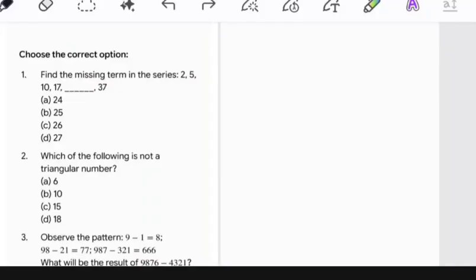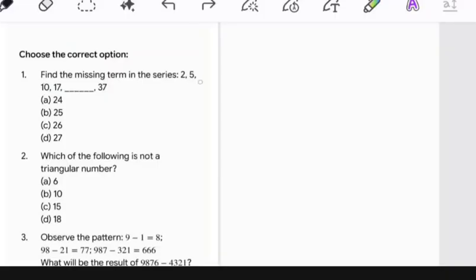Choose the correct option. Find the missing term in the series 2, 5, 10, 17, 37. As we check the numbers 2, 5, 10, 17, we can take the difference first. 5 minus 2 is 3.